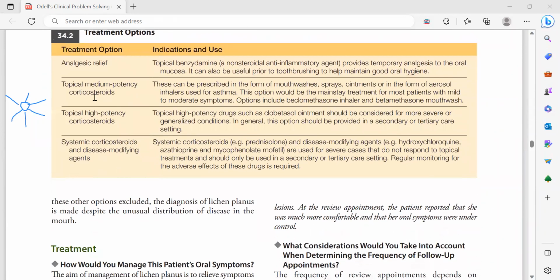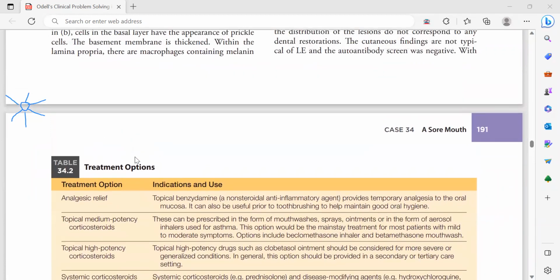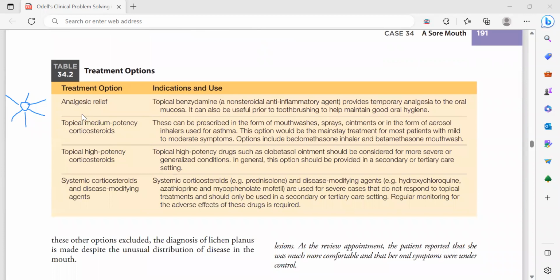What treatment do you need to prescribe? This is also according to the UK, because the patient has symptoms, so they are prescribing topical benzydamine or a topical medium to high potency corticosteroid. But in TG we read that as a general dentist we can only prescribe mild corticosteroids, not even medium or high potency.